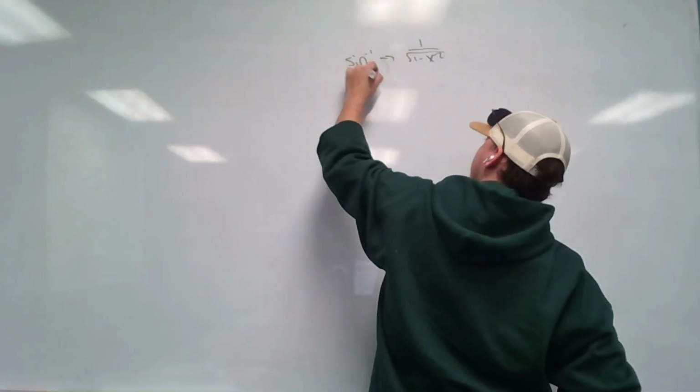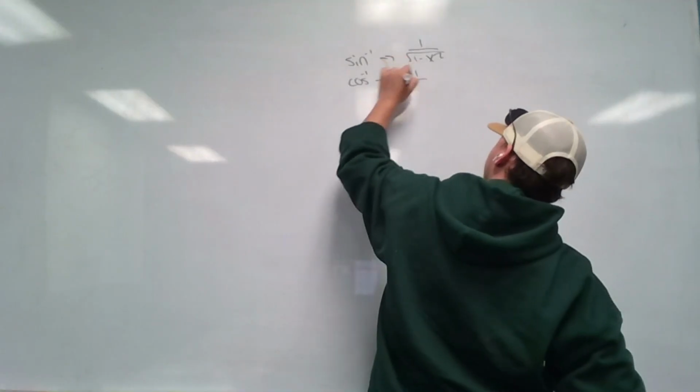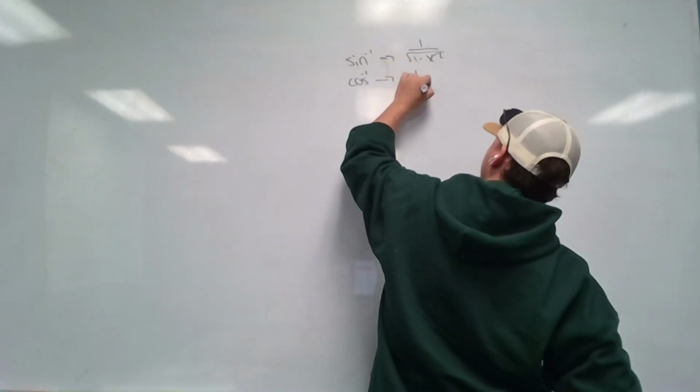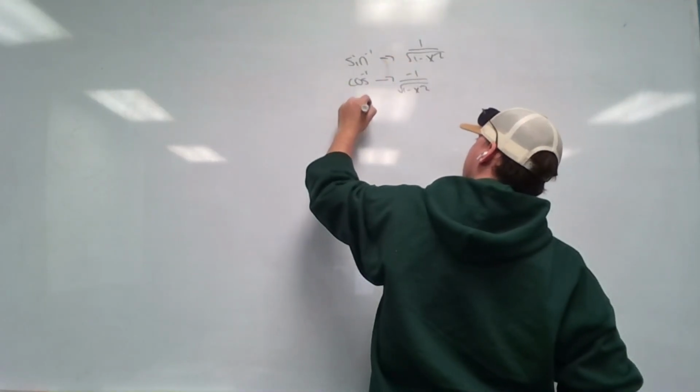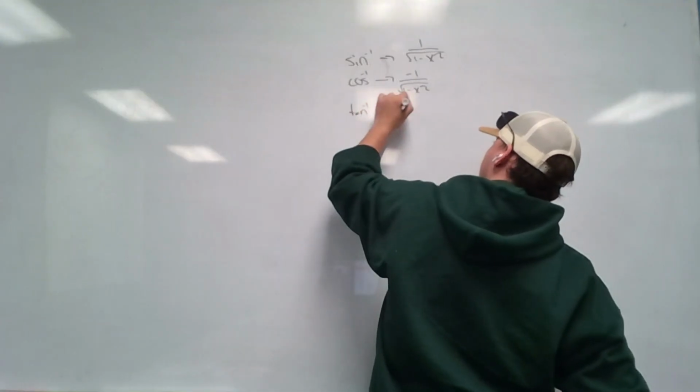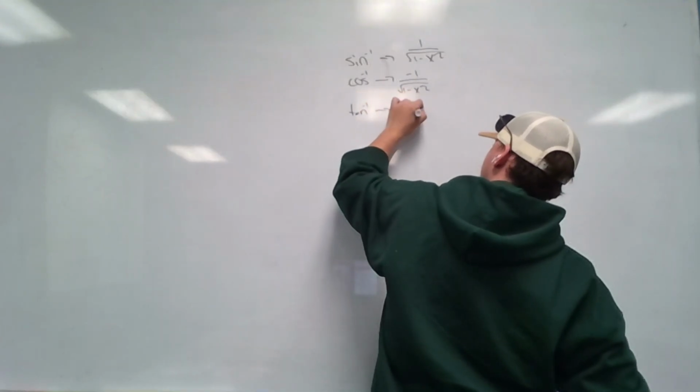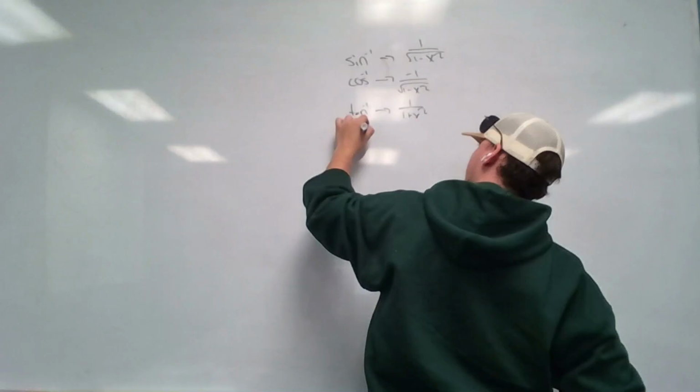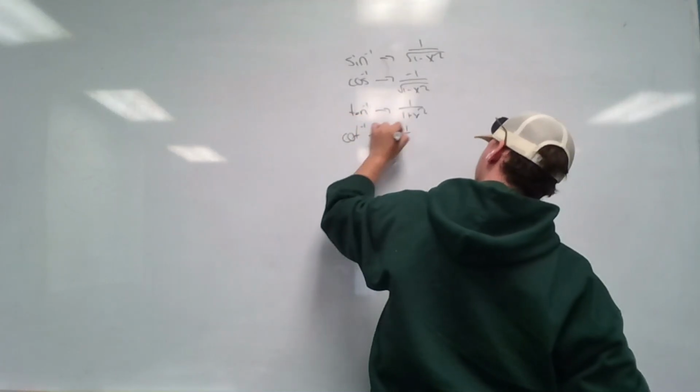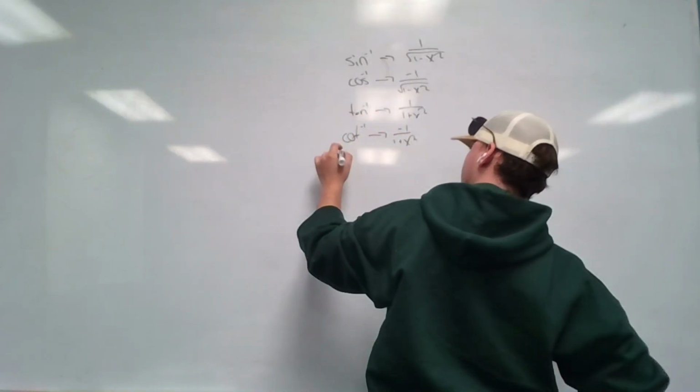Cosine inverse turns into negative 1 over the square root of 1 minus x squared. Tangent inverse turns into 1 over 1 plus x squared. Cotangent inverse turns into negative 1 over 1 plus x squared.